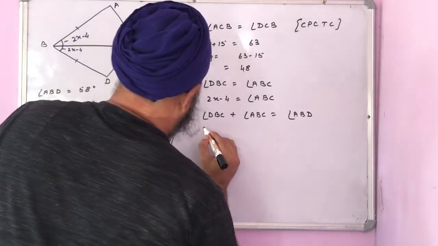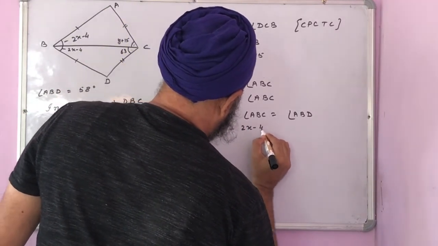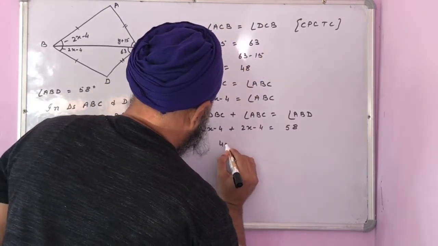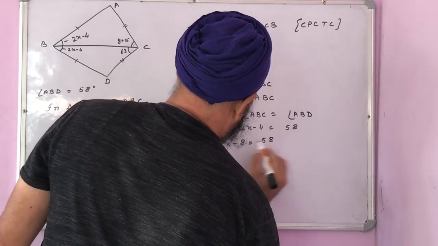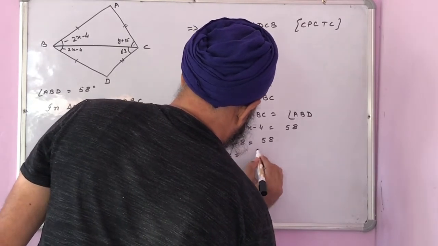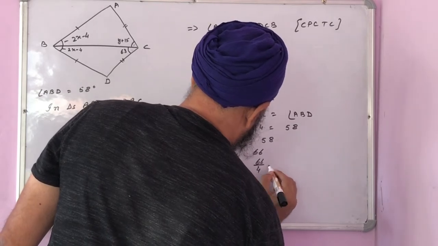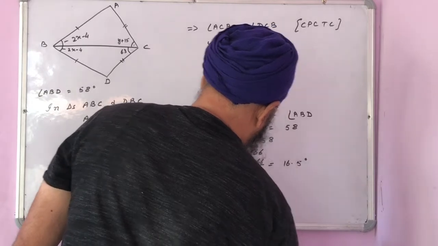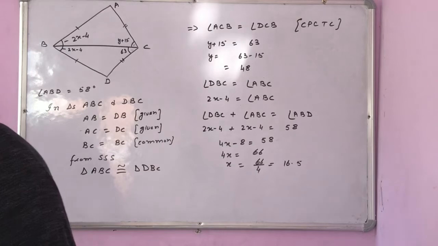Here it is 2x minus 4 plus 2x minus 4 is 58. 4x minus 8 is 58. 4x is 66. x is 66 upon 4, that is 16.5. The value of x is 16.5.